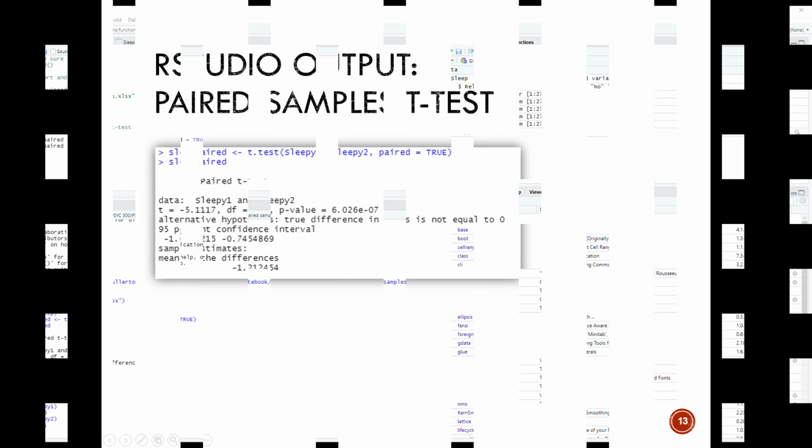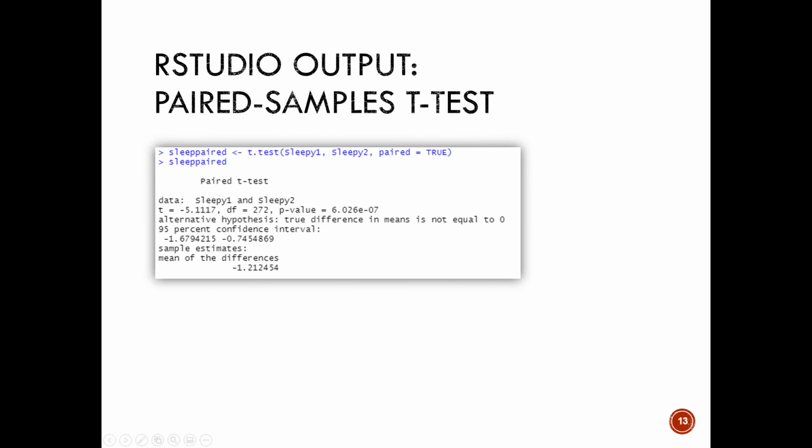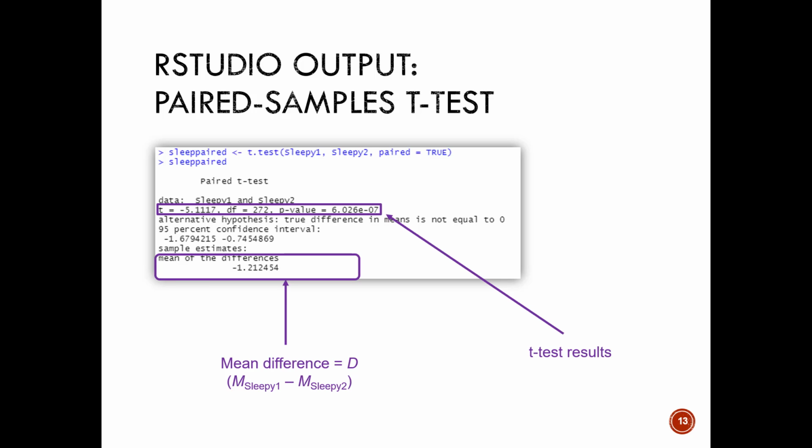All right, welcome back. Let's break this down a little bit. Here, once again, are the t-test results, very familiar to you by now. Down below is the mean difference, or the large D, as we talked about: the mean of sleepy 1 minus the mean of sleepy 2. It's negative, which indicates that the scores actually increased over time.